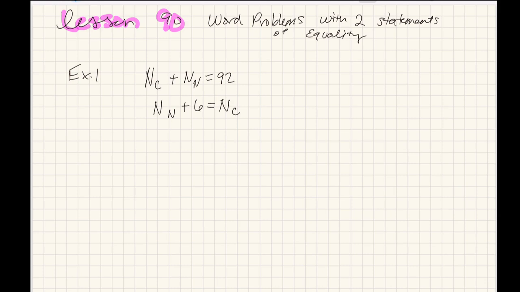So let's avoid getting the 6 on the wrong side by starting with what we know is incorrect. We know that the number that Nellie picked is not equal to the number that Charles picked.